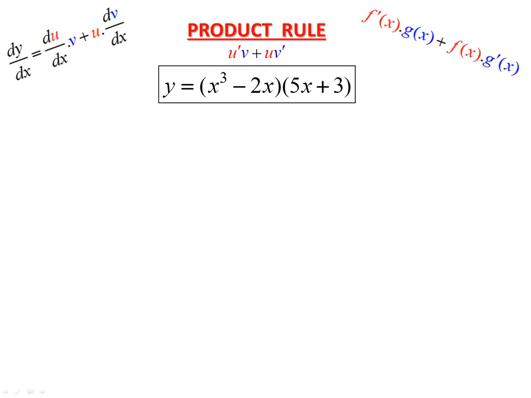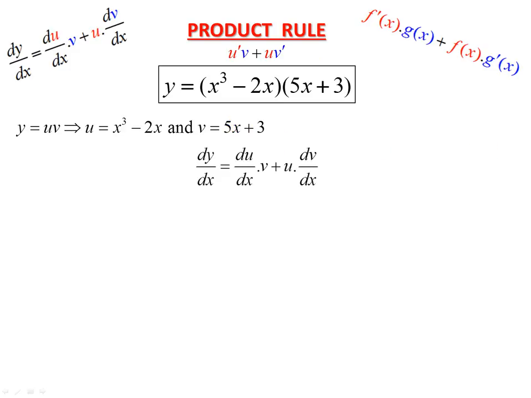Here's our first example. Let's do our first example now. Bracket times bracket. So there's your u, there's your v. There's the summary. u equals x cubed minus 2x and v equals 5x plus 3. There's our formula.